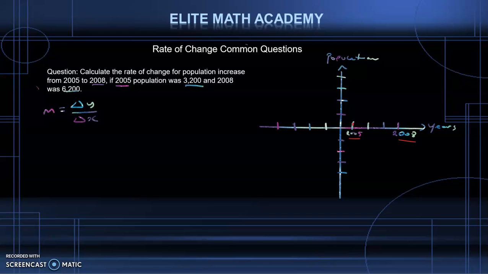This will be our run. Now let's try to locate the population, which is the y-axis, which is the rate of change. I'm going to choose this point for 3,200, and 3 units after I'll be choosing this point as 6,200.